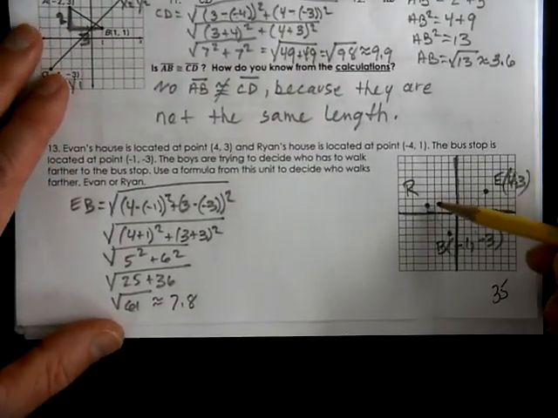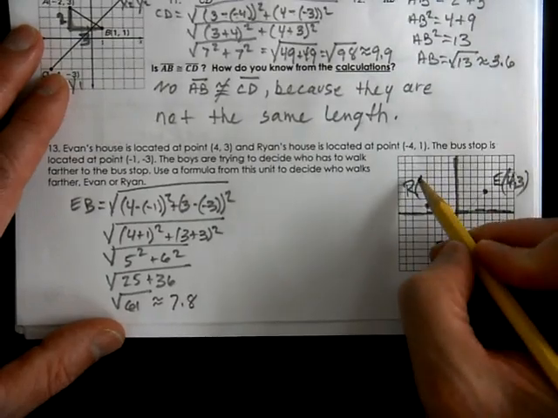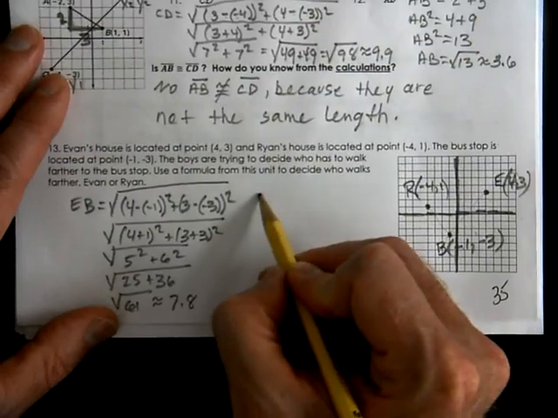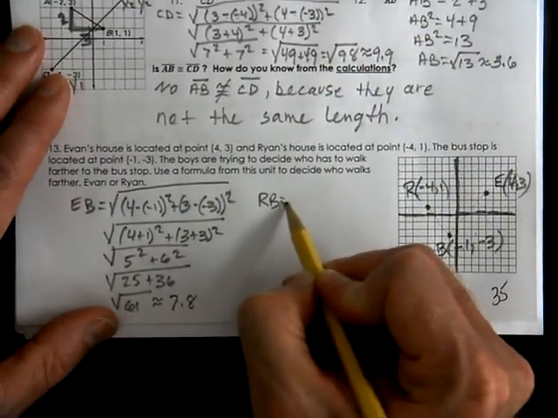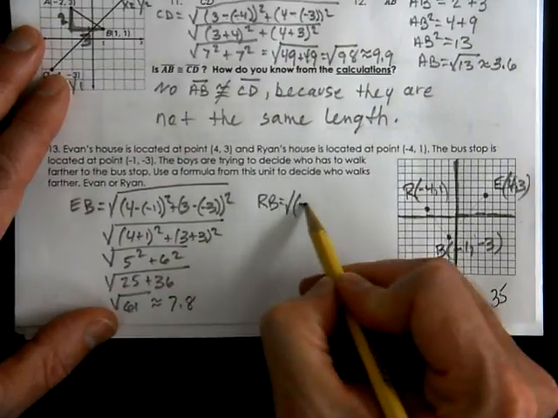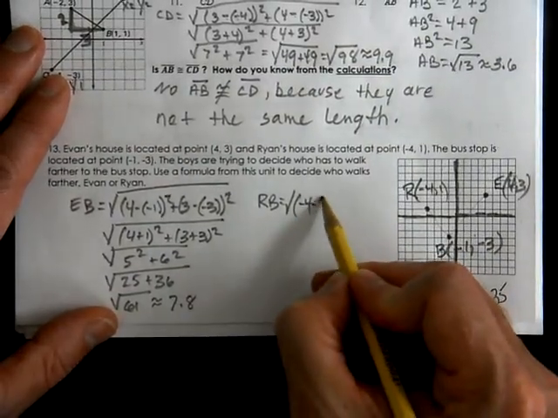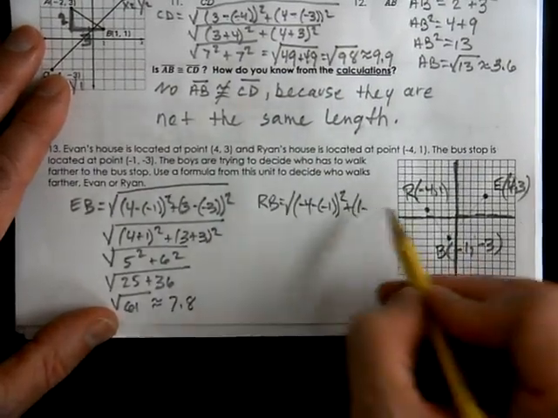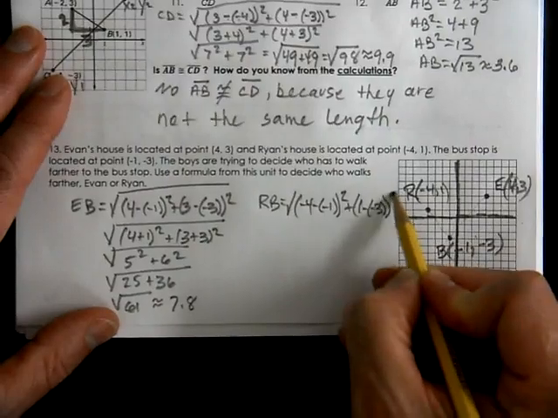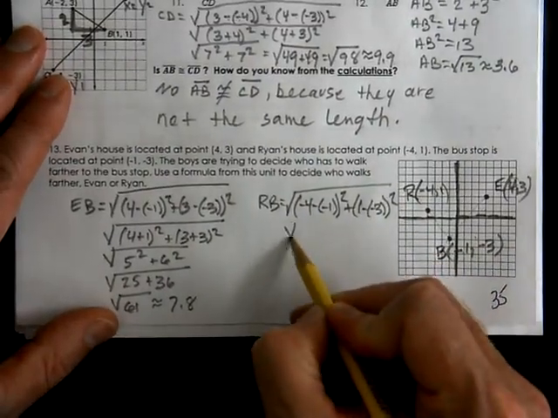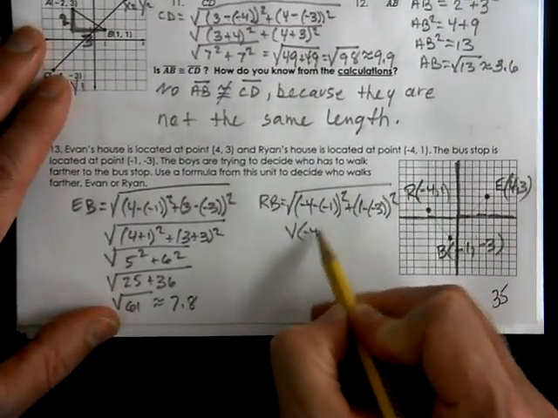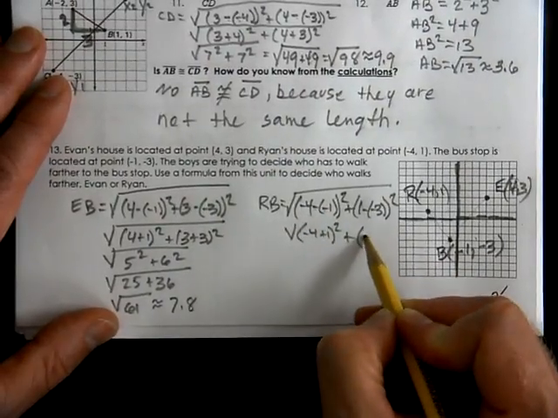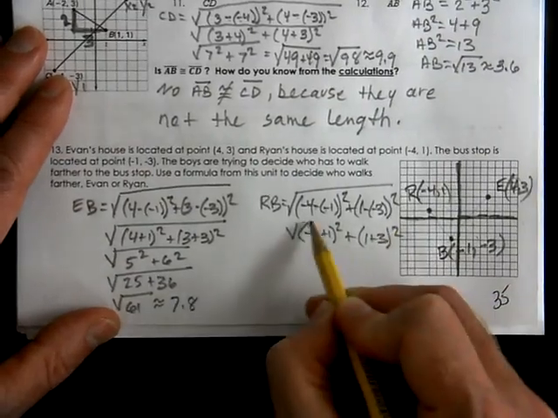Now we can try the other one. We're going from Ryan's house. Ryan lives at -4, 1. So we're doing RB. So that would be -4 minus a -1 squared plus 1 minus a -3 squared. -4, negative and a negative make a positive. 1 plus 3.